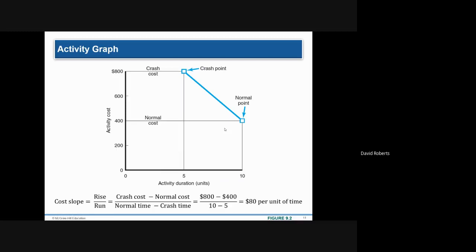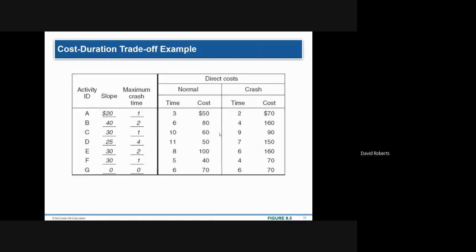But if you go from activity A, which is $80, to activity B, as long as it's on the critical path, we'll talk about that more in a moment, it would be $80 or higher. It would be $92. But B would always be $92. So in this particular case, you are given the maximum crash time and the normal time.